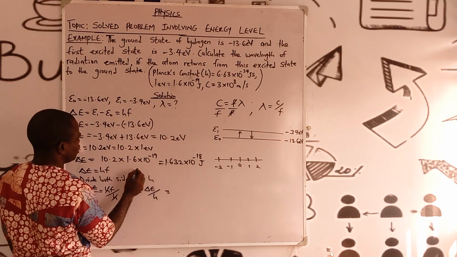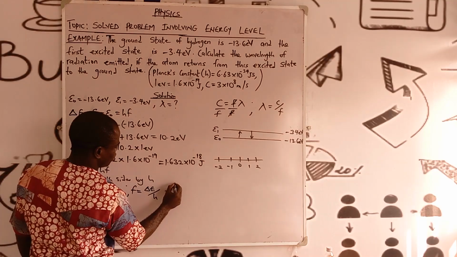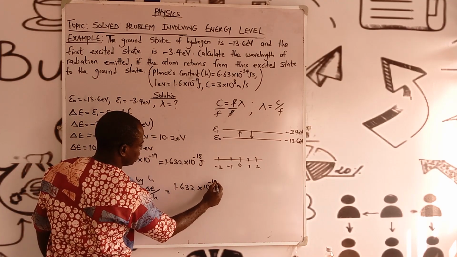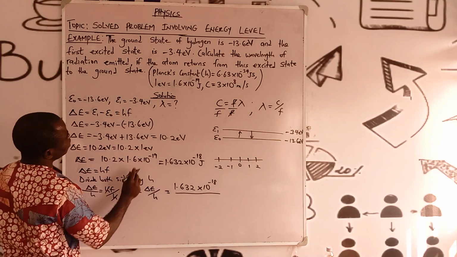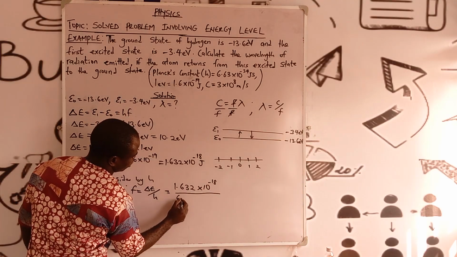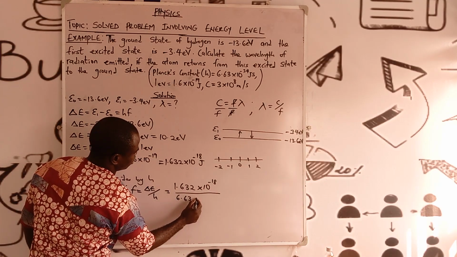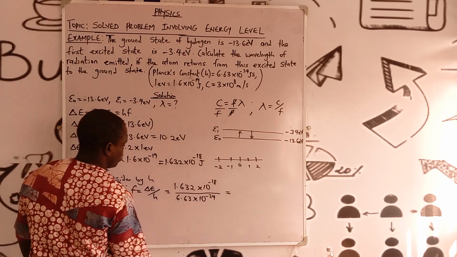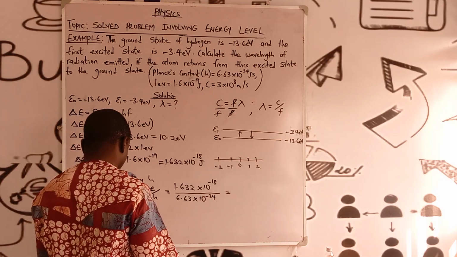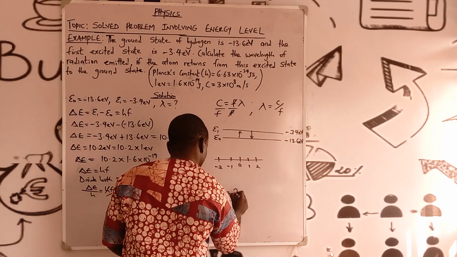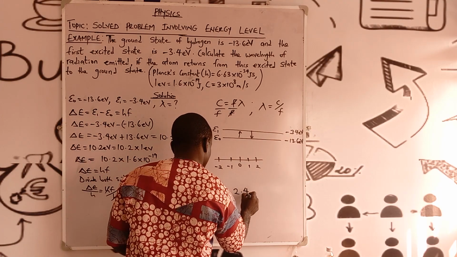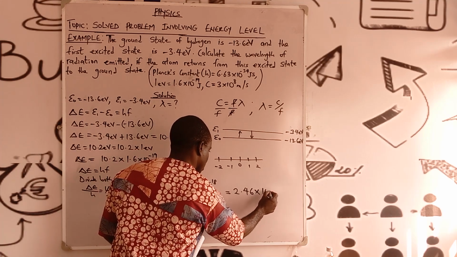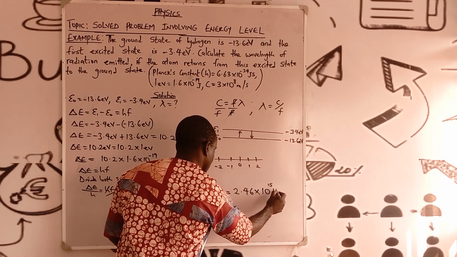Now what's our change in energy? It's 1.632 times 10 to the power minus 18 divided by the Planck constant, 6.63 times 10 to the power minus 34. When you press your calculator, we are going to get 2.46 times 10 to the power 15 hertz.